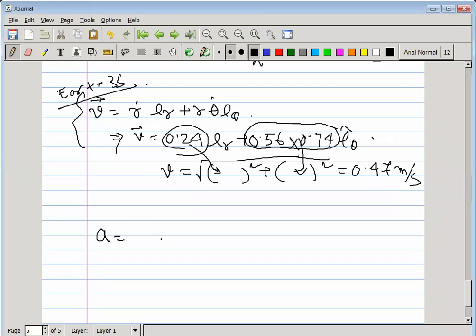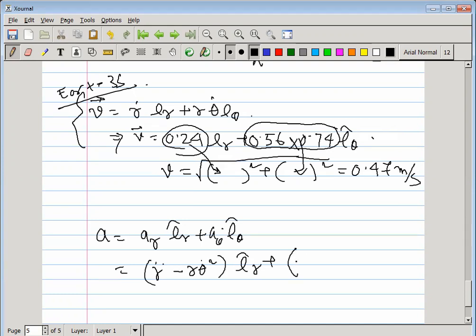The formula for acceleration is a r e r plus a theta e theta. And a r is r double dot minus r theta dot square, er, plus a theta is r theta double dot plus 2 r dot theta dot, e theta.